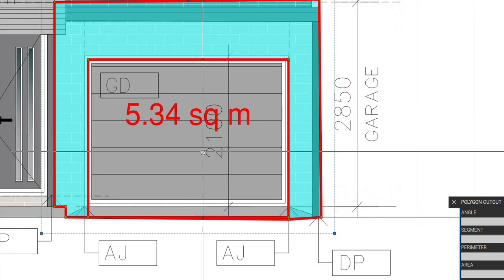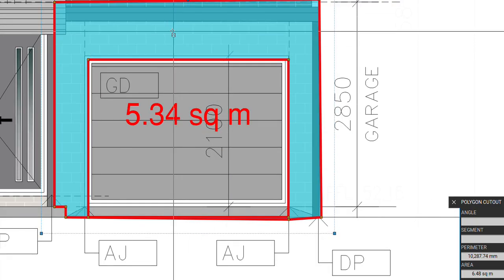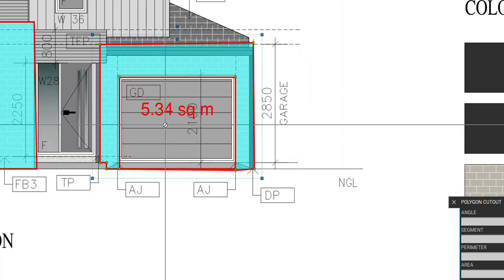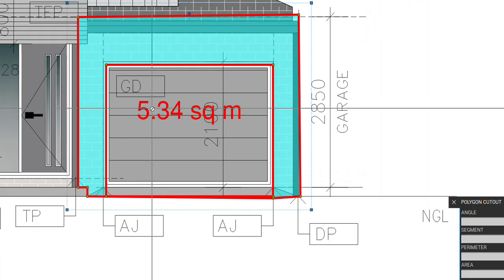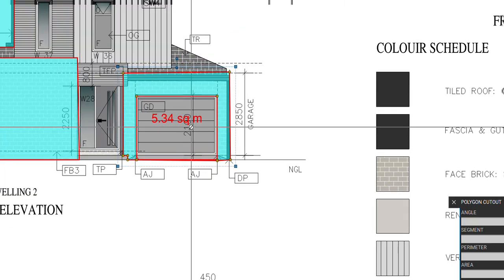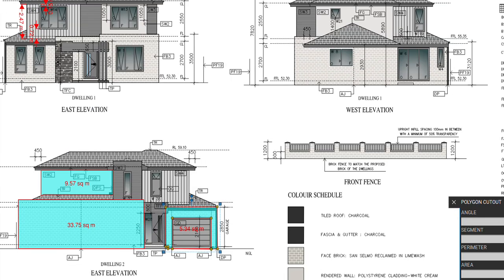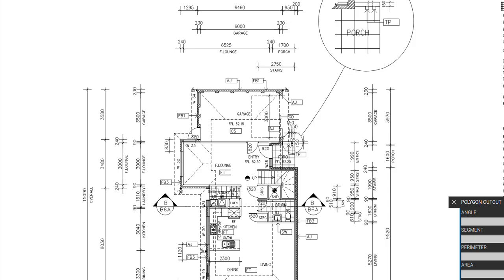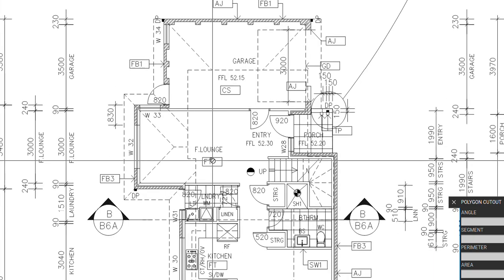So I have cut this garage door from here. Then this is the area. But if you can check, it's a garage. There is a heavy door in the garage. Then let's go to the drawing and check whether it's a single wall or a double wall. This should be checked in the drawings.